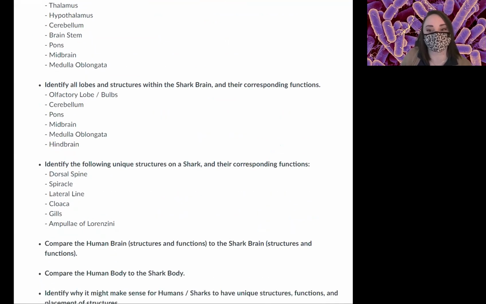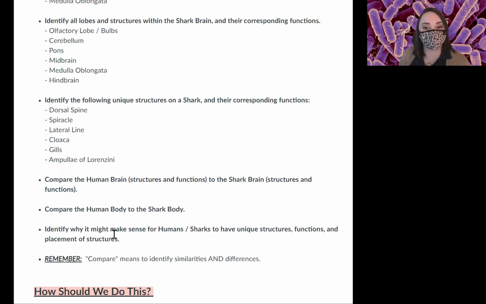And then you want to start comparing these things. So we're going to compare both the brain of the shark and some of their special body features of the shark to us. And we want to think about, again, things that are similar, but also things that are different. And you're going to have to identify as well, why do you think it makes sense for these differences to exist?